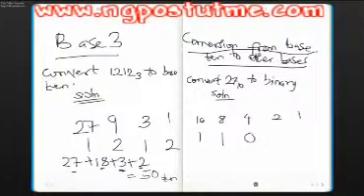I can't see any 4 in 3. How many 2 will I see in 3? 1, leaving behind 1. How many 1 will I see in 1? 1. So my answer is now 1, 1, 0, 1, 1 in base 2. Thank you very much. And that is how you do the conversion.